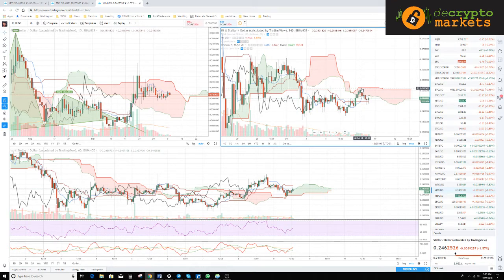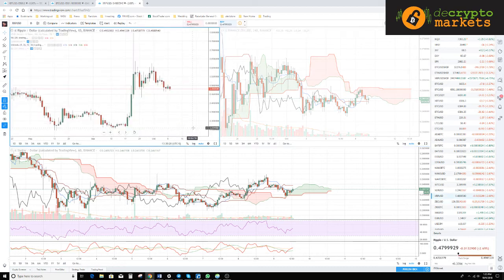But the 1 hour would have more of a... I mean, if I wasn't long on it already. Lagging span above price and price above base. So there's that. We got Ripple.